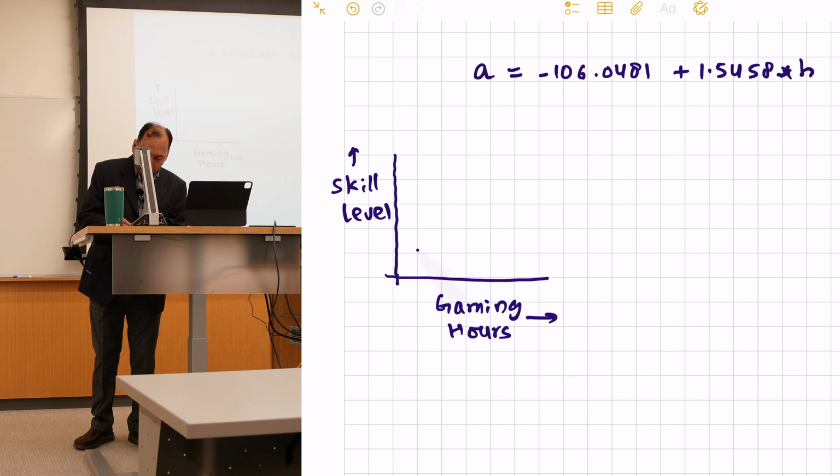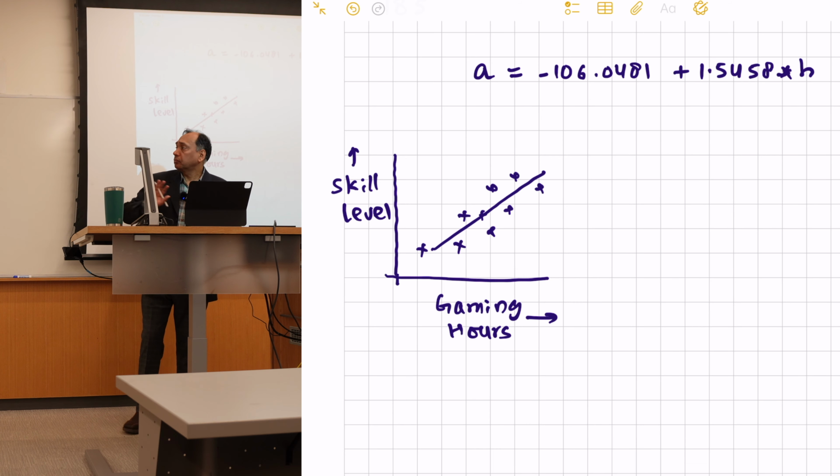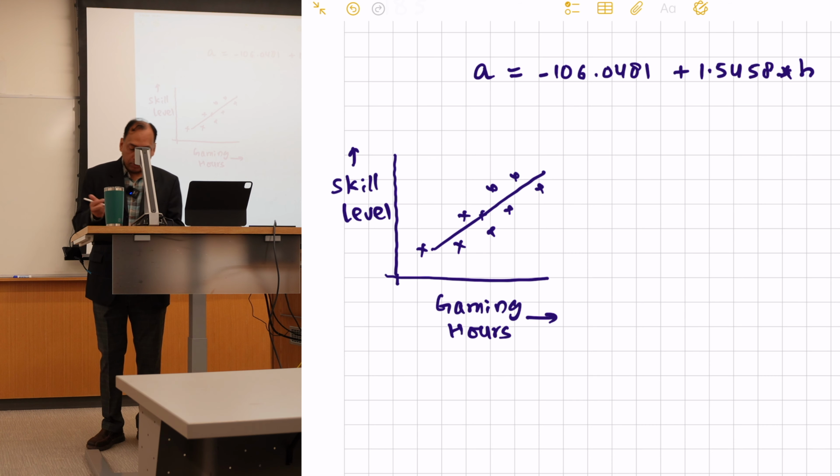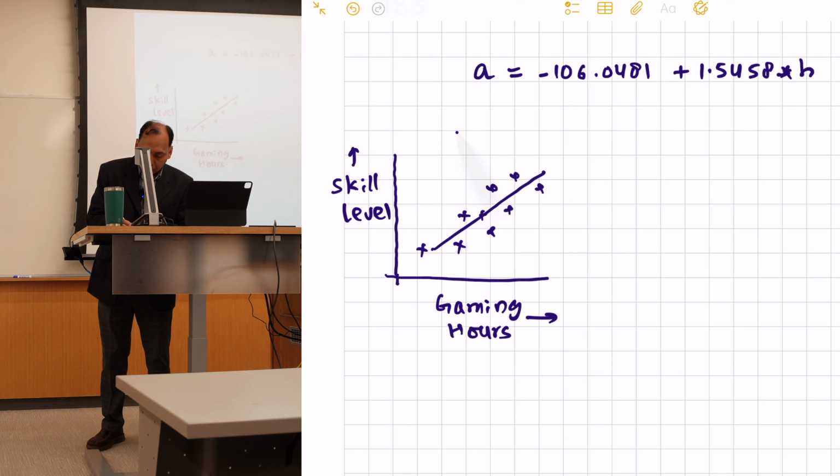And if you make a scatter plot, and if it is something like this, so that the pattern can be captured by a straight line equation, that's what we call a linear relationship.